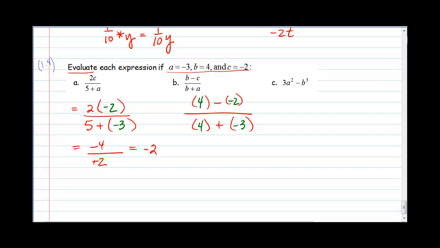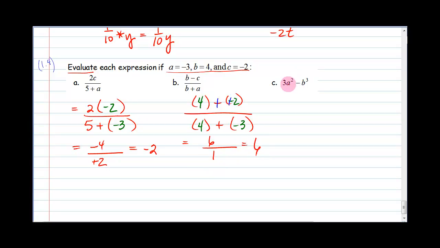Okay, I think the parentheses are important again because it helps you remember and do the correct operation and not forget your negative signs. So here I have to change, and I'm going to end up with 4 plus 2 is 6. 4 plus a negative 3 is 1. So the answer is 6.